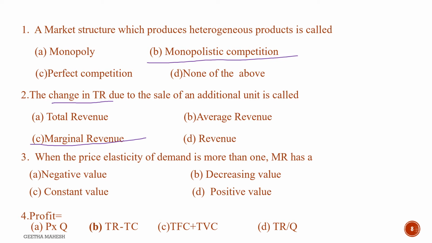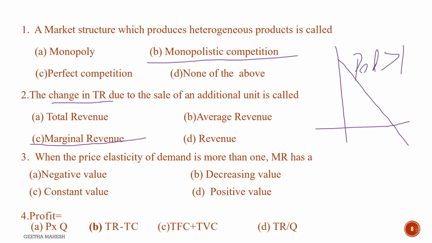When the price elasticity of demand is more than 1, the marginal revenue will have a negative value, positive value, decreasing value, constant value. Which value will it have? We know that when the marginal revenue is positive, at that time price elasticity of demand is greater than 1.